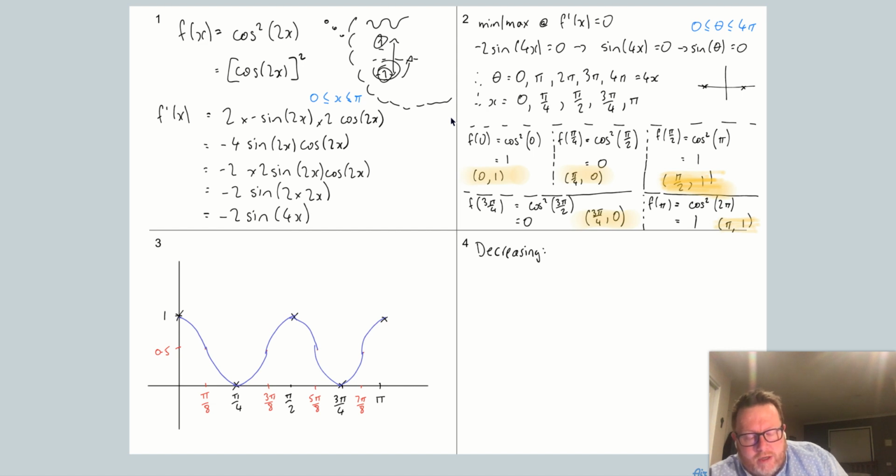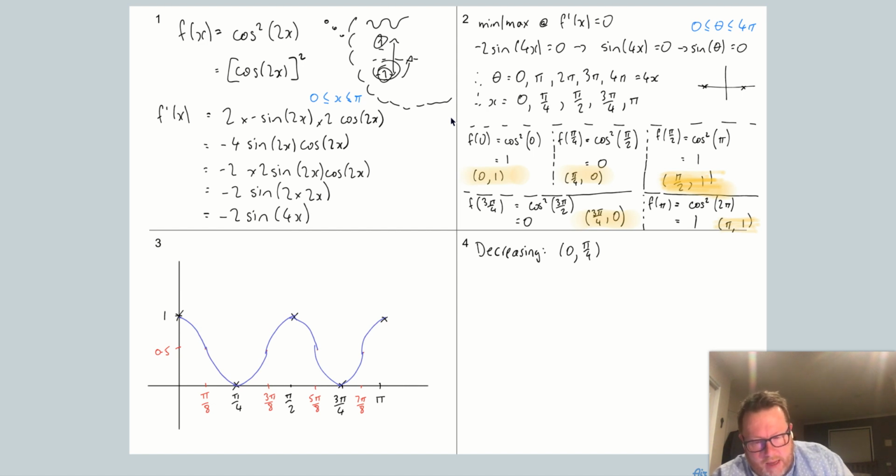So let's write them as intervals. Just be mindful, I'm going to use interval notation, which looks like coordinates, but it's not, because we're talking about a range or domain of values. So it's decreasing from 0 to pi on 4. Again, that's not a coordinate, that's a set. So from here, where x equals 0, to here, we have it decreasing.